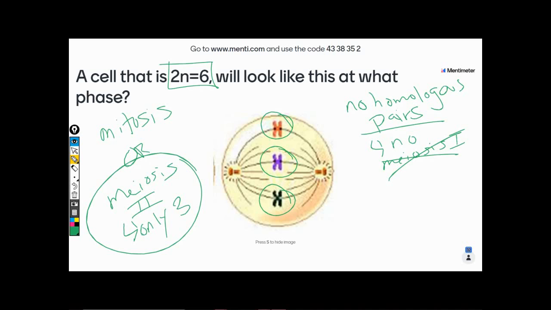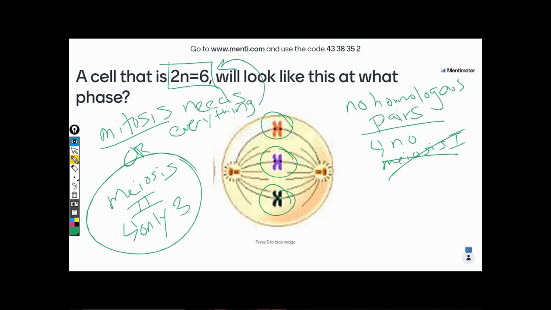Remember, the goal of mitosis is sameness, right? Which means you have to give half of everything to everybody. Mitosis has to have everything, which in this case would be all 6.